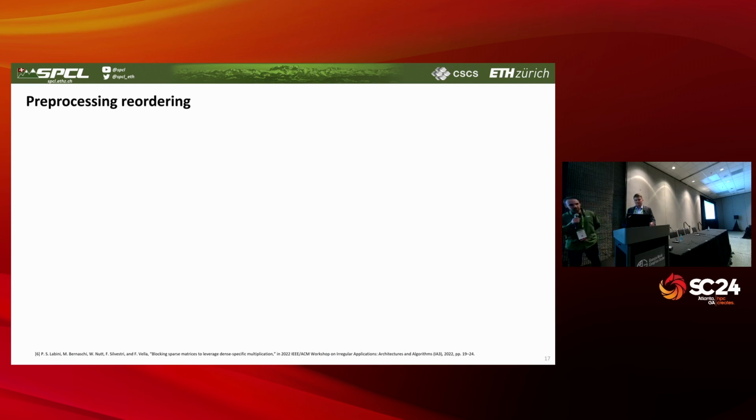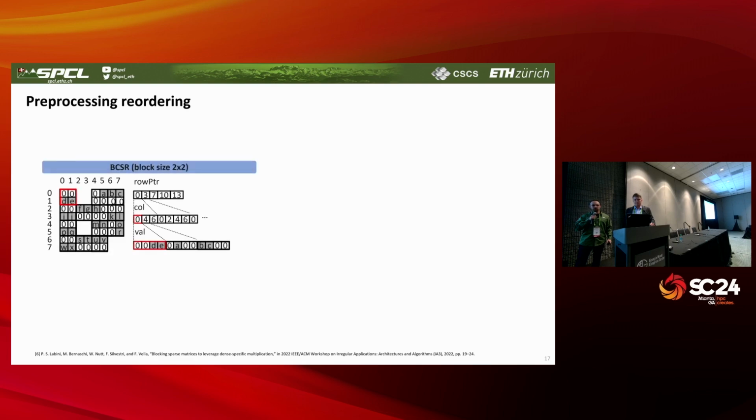Okay, so now let's see how this pre-processing, reordering, impacts the matrices that we evaluate. Let's discuss how this reordering works. We start with a CSR matrix that can be arbitrarily sparsified, and the first step is to create this BCSR format. This is as simple as blocking the entries corresponding to the Tensor Core API.